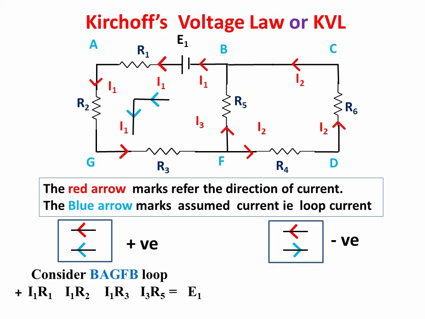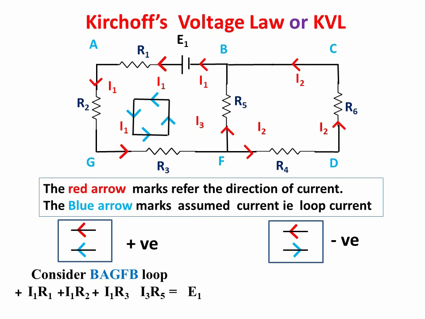Next, AG. According to the loop AG, I have to draw the loop like this. Here both currents are in the same direction, so again put plus I1 R2. Then G to F, draw the arrow mark, assume the current G to F. The G to F assumed current and the red color, the direction of current, are also in the same direction, so you put plus.